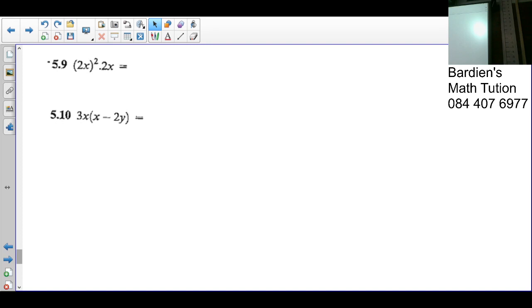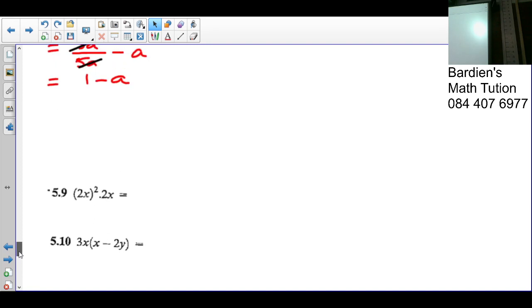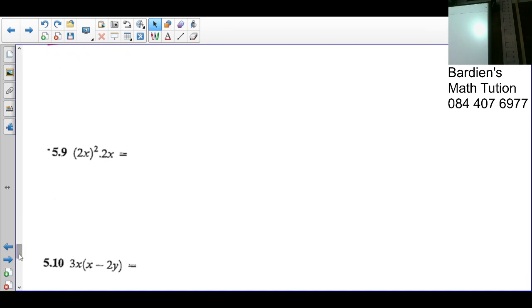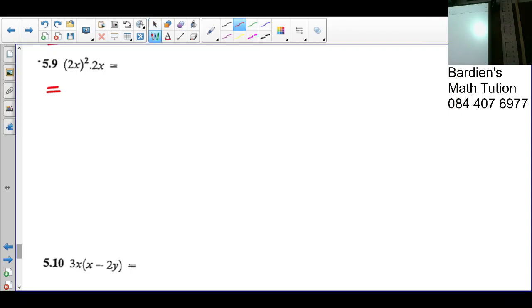5.9. You got 2x all squared times 2x. What needs to be done first? The brackets. So 2x all squared? 4x squared. For those of you who don't see it, it's 2x all squared. It's going to be 2x times 2x, which is 4x squared.